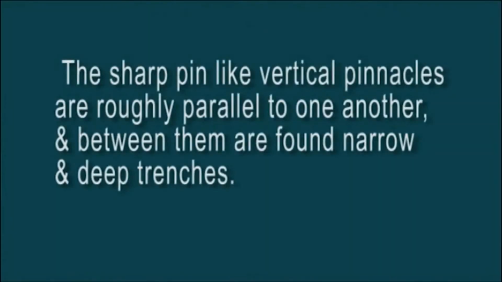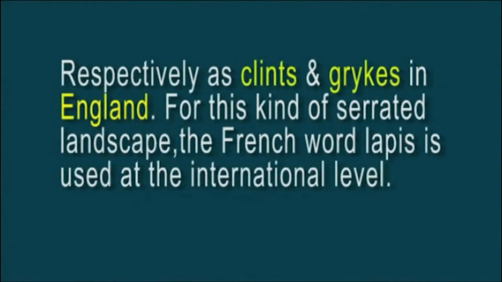The sharp pin-like vertical pinnacles are roughly parallel to one another, and between them are found narrow and deep trenches. They are respectively called clints and grikes in England.